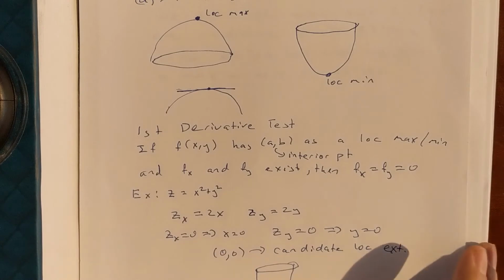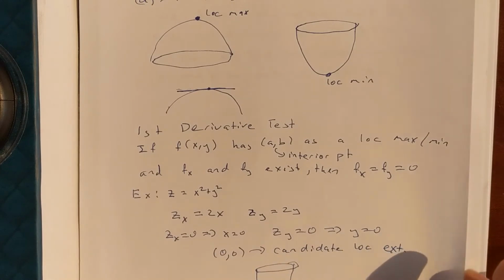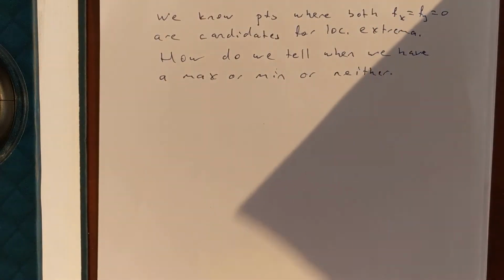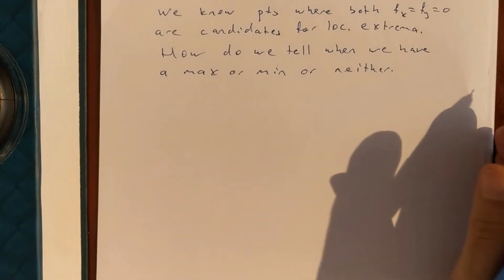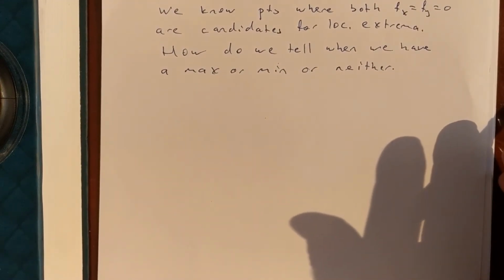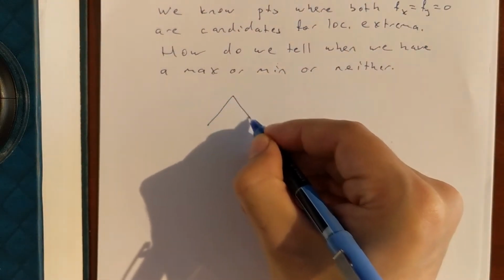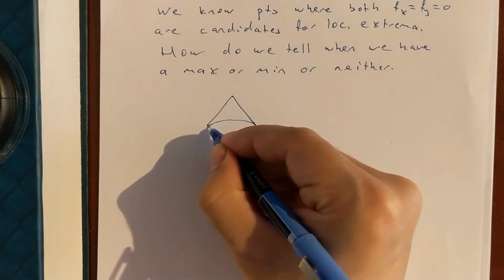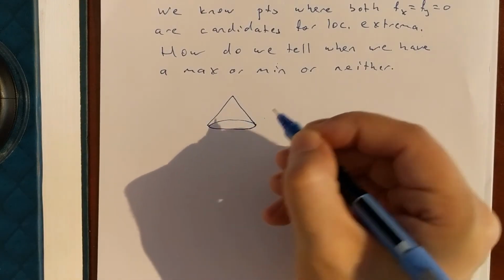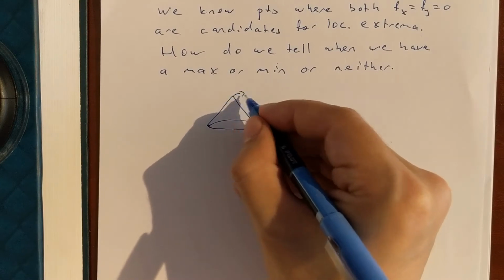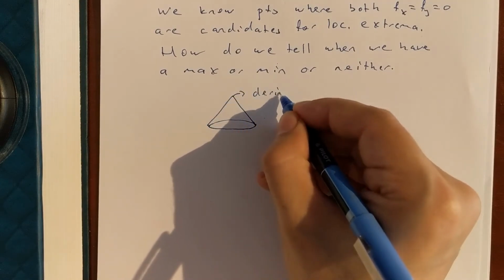If they don't exist, of course, they don't have to be 0. Can you have local maxima and minima where the derivatives don't exist? Sure enough. If you take a cone, like an ice cream cone upside down or normal, here the derivatives won't exist, because it's a corner.